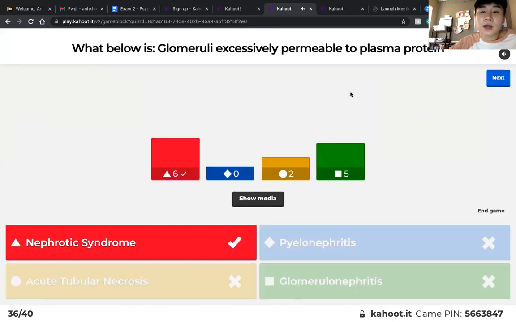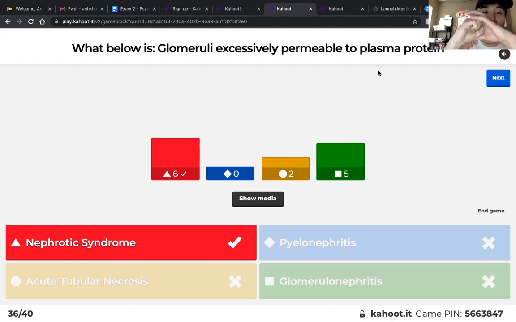All right, awesome. So nephrotic syndrome is increased permeability to the plasma protein. The reason why glomeruli is confusing here is because of the anatomy of the kidney. This is the kidney, and in the kidney there are millions of nephrons, and the nephron contains the glomerulus.